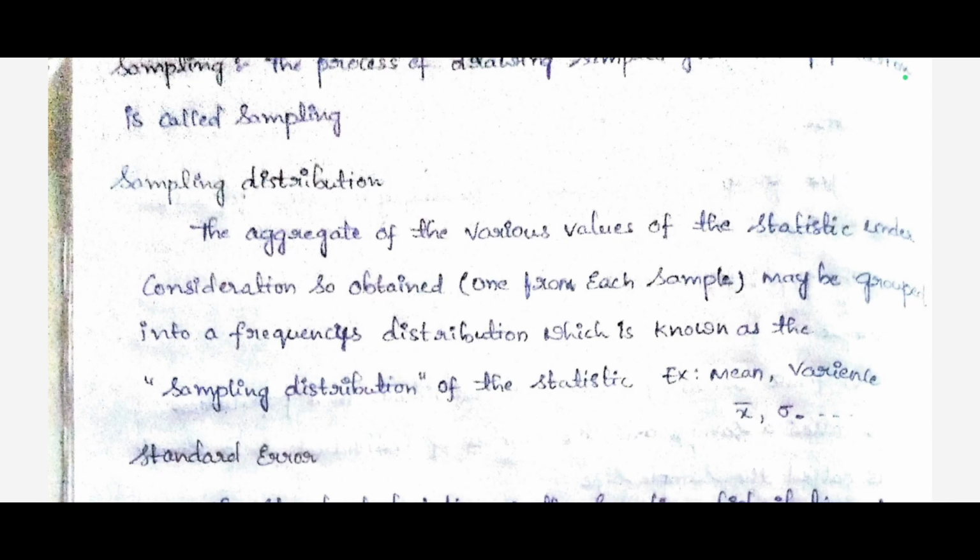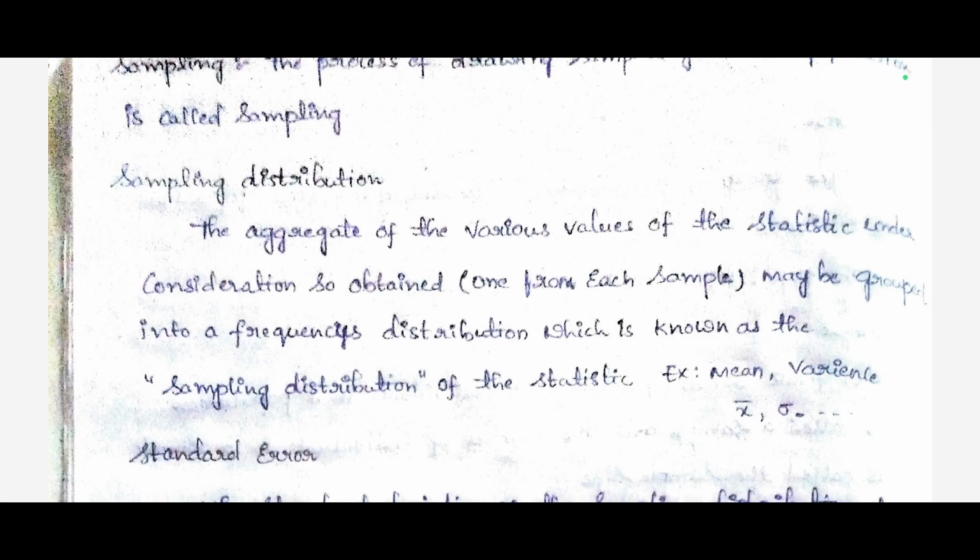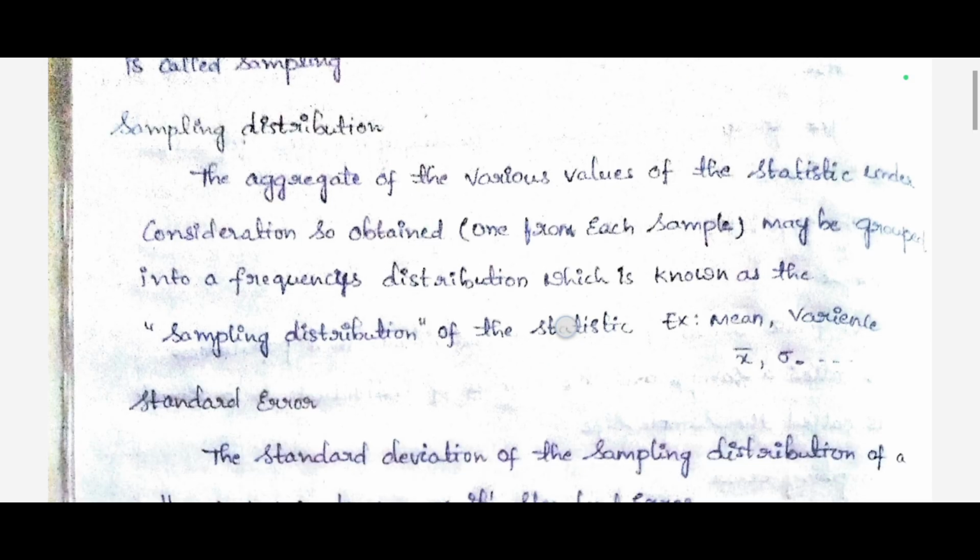The aggregate of the various values of the statistic under consideration, obtained one from each sample, may be grouped into a frequency distribution, which is known as the sampling distribution of the statistic. Example, the mean or variance, with symbols x bar and sigma and so on.